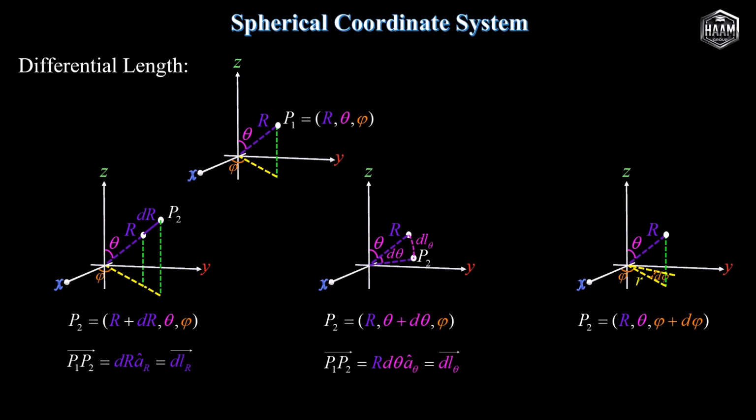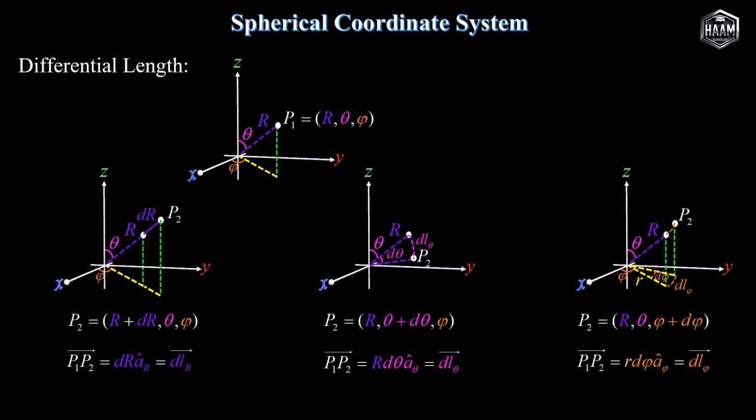If we vary phi by d phi, then since capital R, theta, and little r remain fixed, point P2 is obtained as shown. The distance from P1 to P2 here is dl sub phi, which equals little r times d phi times a hat sub phi, as we showed earlier in the cylindrical system.